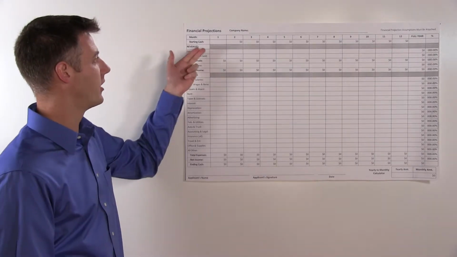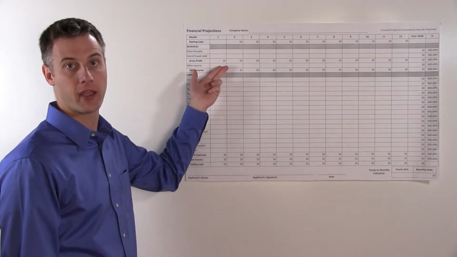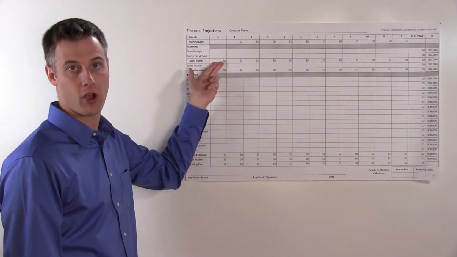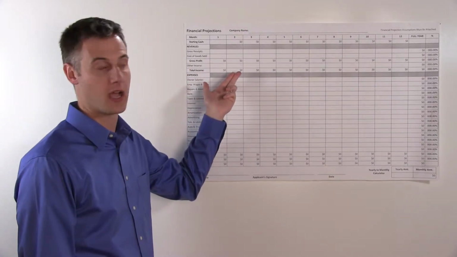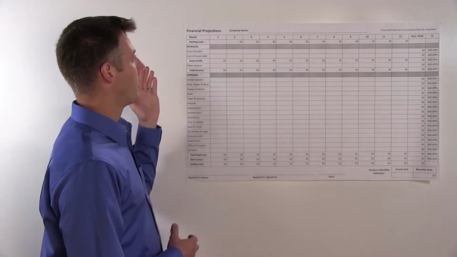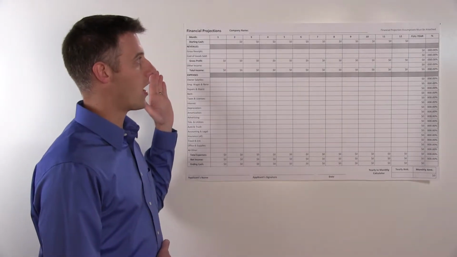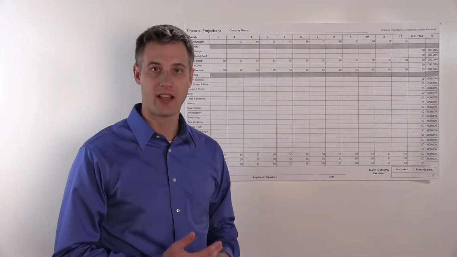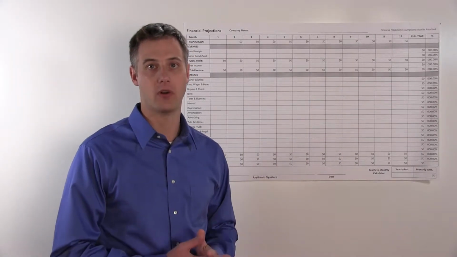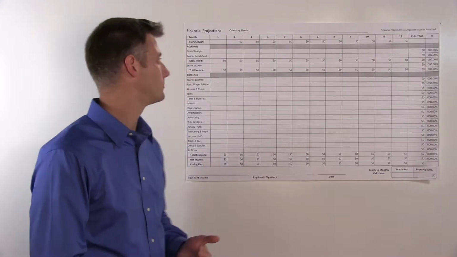So for instance, you may sell a toothpick for $3, but it costs you $2, and your gross profit margin would then be $1. So SBA is going to require that you do it on a monthly basis for the first year, and then the second year just can be an annual basis.